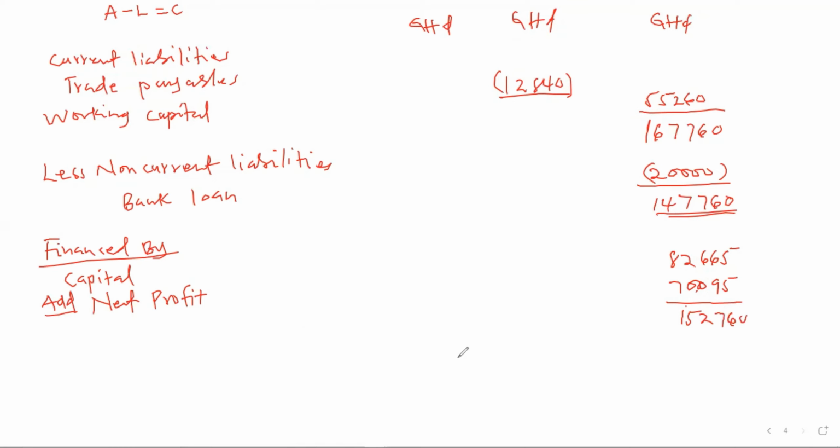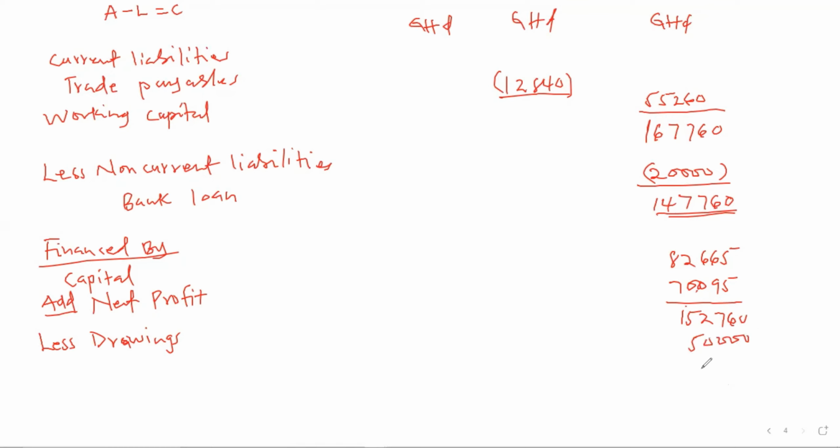Then if there is drawings in the question, you less. If there is no drawings, then you are done. But then if there is drawings in the question, you have to come and less. The proprietor reduced some amount of money from the business, and that will affect the capital. So you come and less, which is what? 5,000.